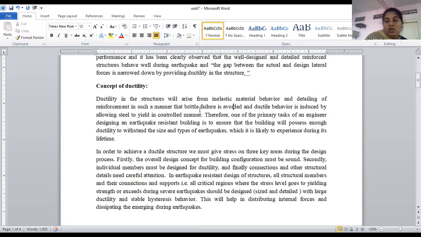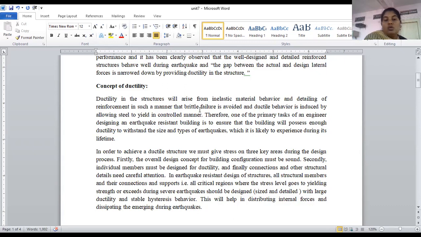For that purpose, the material should be ductile. We have to induce that ductile behavior into the structure, and only then can we achieve an earthquake resistant building. Otherwise, if the materials are brittle in nature and we use such materials for the structure, then we cannot induce ductile behavior into such buildings, and we cannot make the building earthquake resistant.